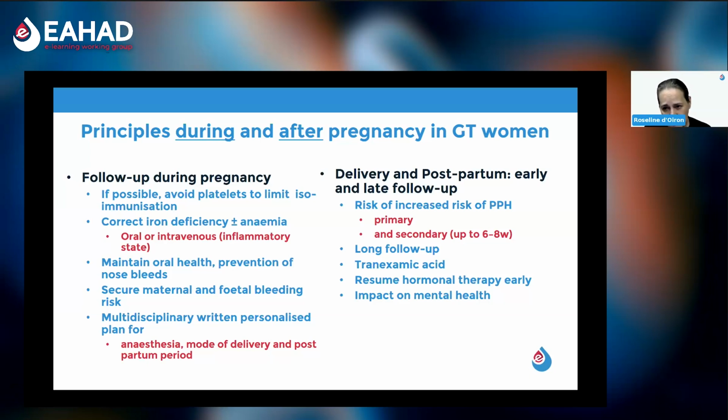We know that there is an increased risk of postpartum hemorrhage, so long follow-up will also be required. Tranexamic acid certainly will help, but sometimes you will need to resume hormonal therapy very early in order to better control this risk of postpartum hemorrhage.